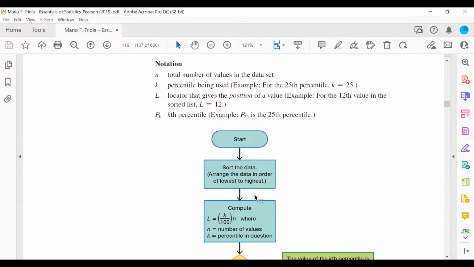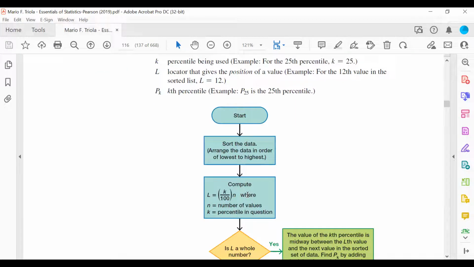You are going to compute this formula. So you're going to compute the L, the locator number. The formula is L equals K, parentheses, K over 100 times N. K represents the percentile, and N is the total number of values.